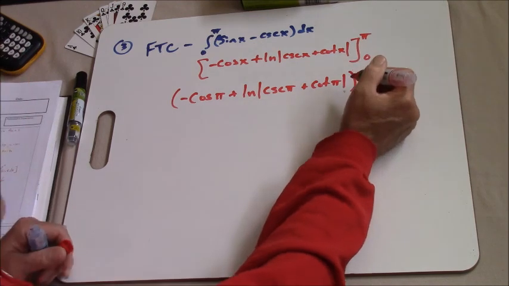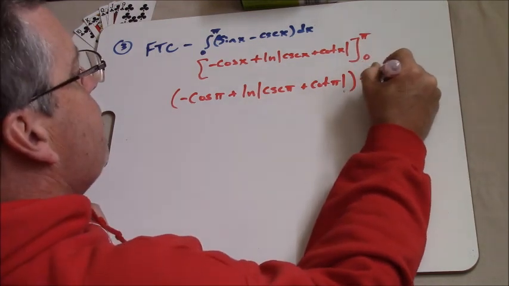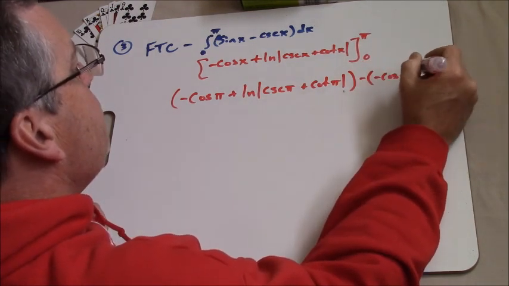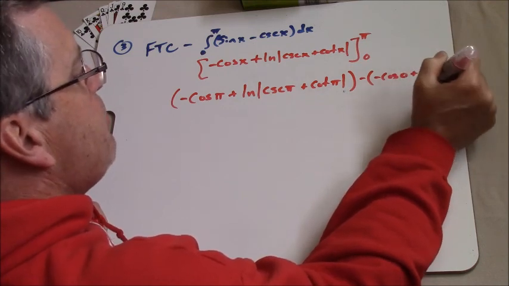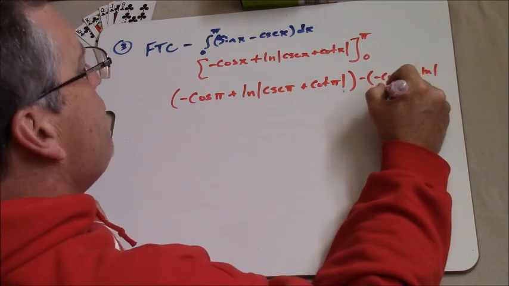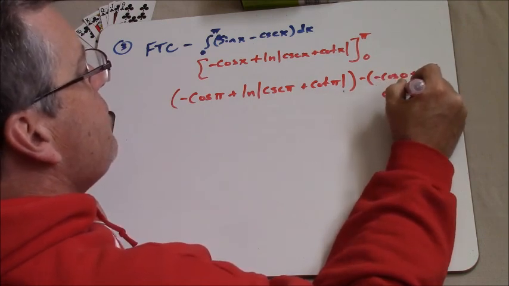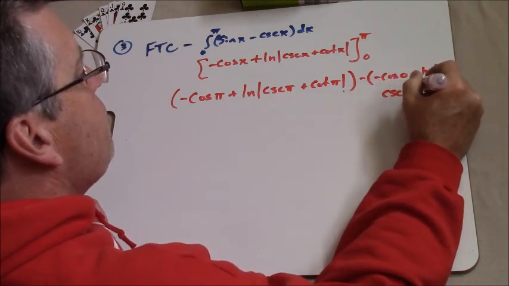minus what you get when you plug in a 0. So a negative cosine of 0 plus natural log absolute value, I'm not going to be able to fit it in here, cosecant 0, cotangent 0.